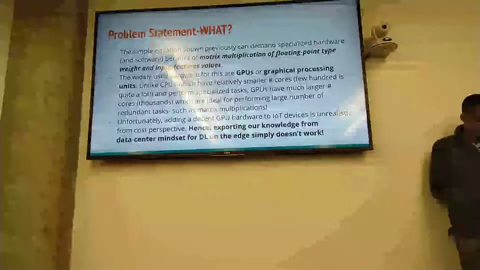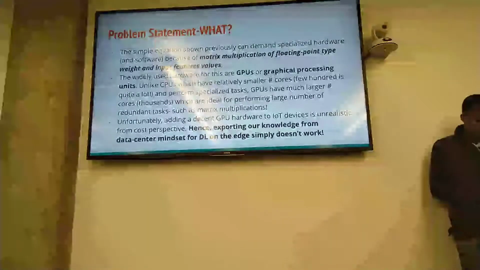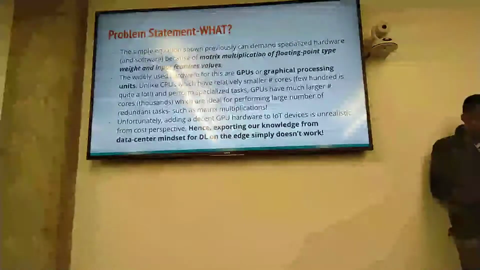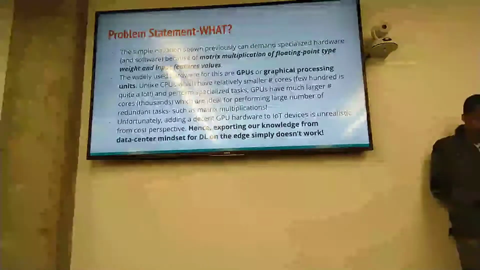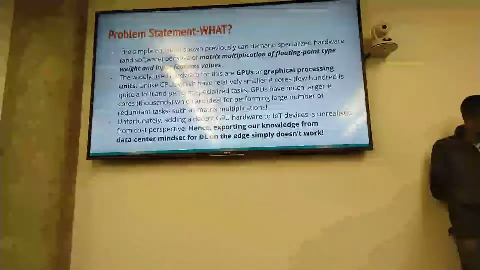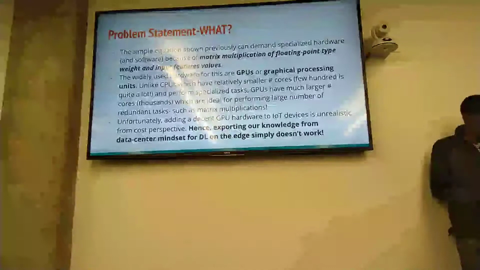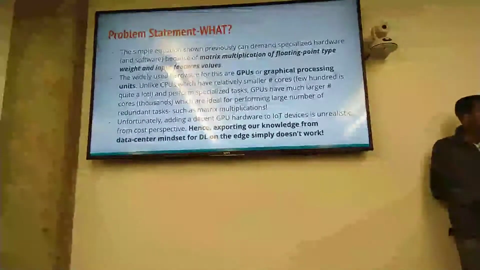This is why GPUs came into the picture, because they're quick at those things compared to CPUs. CPUs perform more specified tasks, but for generic redundant tasks GPUs work, and they have a lot more cores than conventional CPUs.